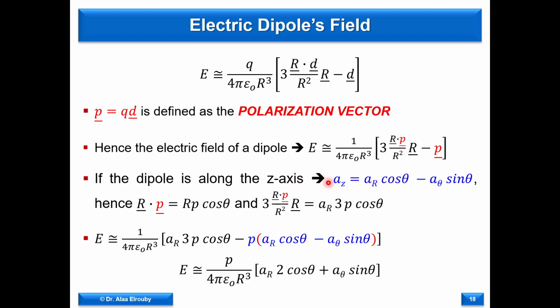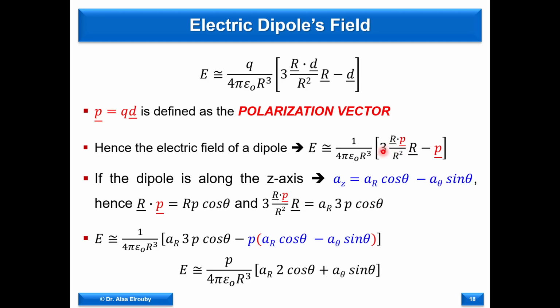Of course, AZ doesn't have any component in the XY plane, so it doesn't have a component in the phi direction. It just has a component in the R direction, which is cosine theta. By definition, you should be able to get this easily. So R dot B, R is in the direction of AR. This is the definition of position vector in a spherical coordinate system.